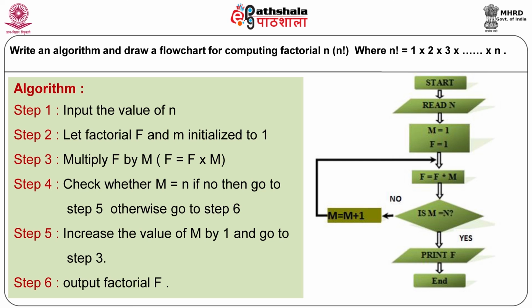Then this value of m is compared with the value of n. So n is the input of the flowchart. If m and n are not equal, then the value of m will be incremented by 1. If they are the same, then the final value of f will be printed.